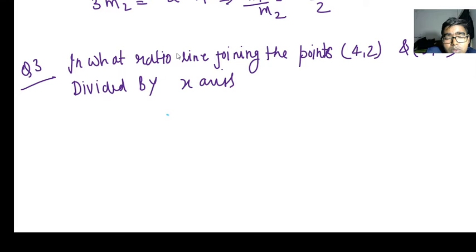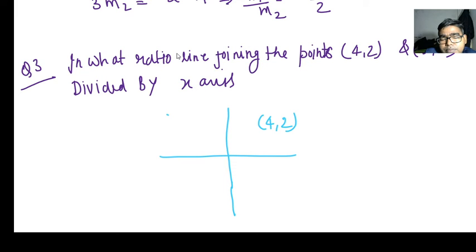Now this is a coordinate axis, right? Point A is 4 comma 2, both are positive. For 3 comma minus 5, x is positive and y is negative, so the point lies somewhere here.